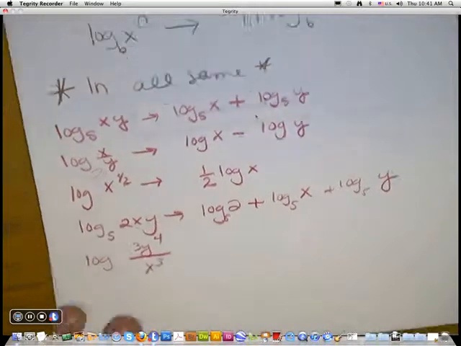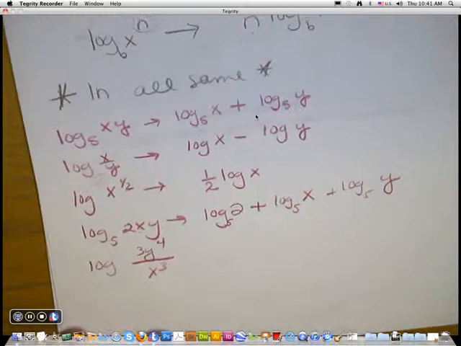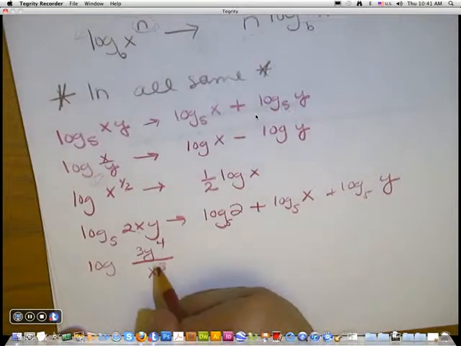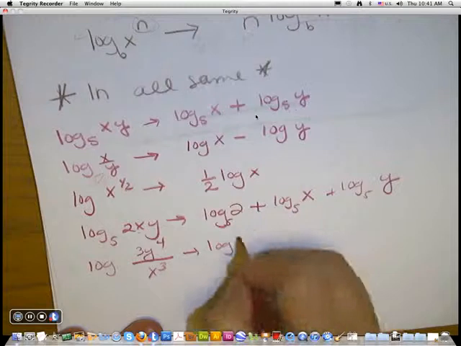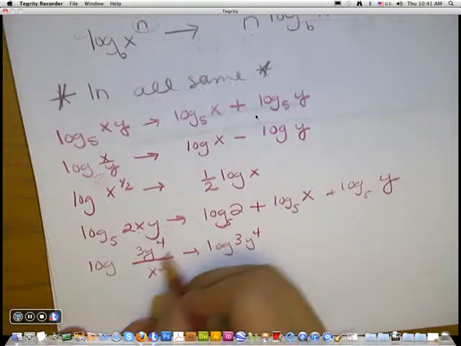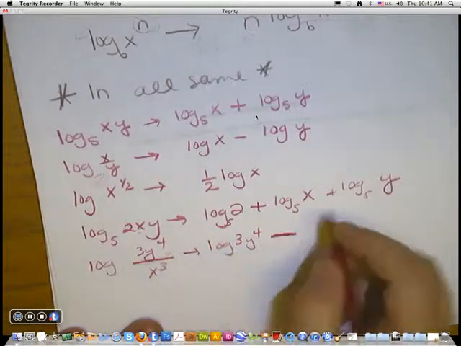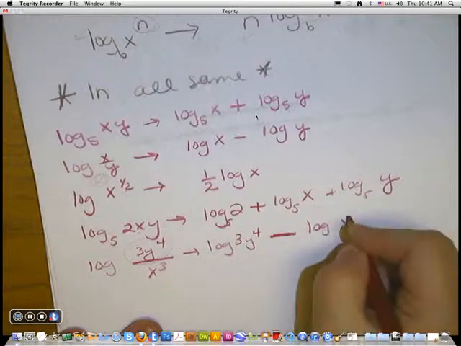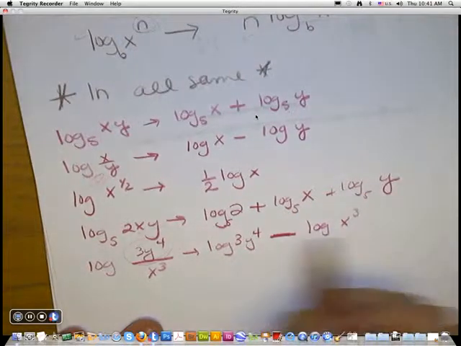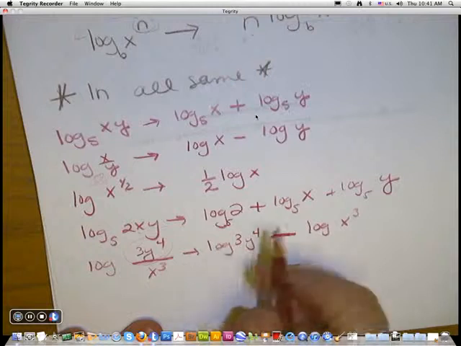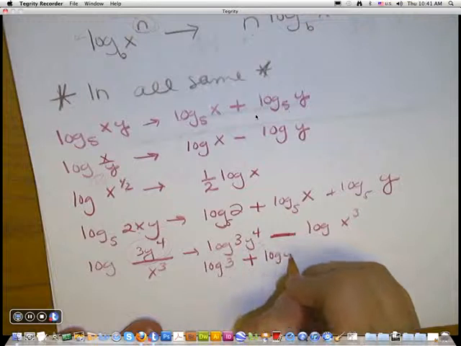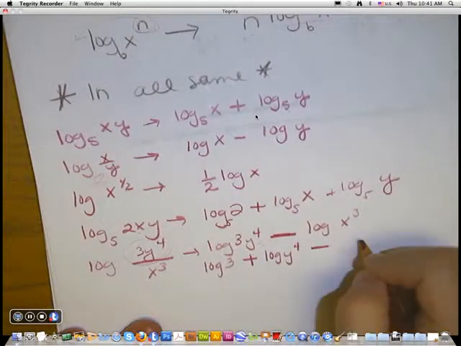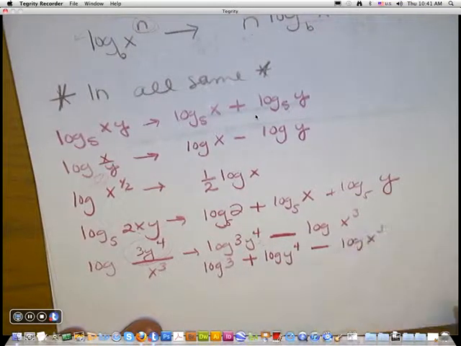Here I have log of 3y to the 4th over x cubed. Now there's several steps here, so be careful with this. In this case, we have log of 3y to the 4th, because this is a numerator, subtract log x cubed. Now I want to separate these. So I'm going to get log 3 plus log y to the 4th minus log x cubed.